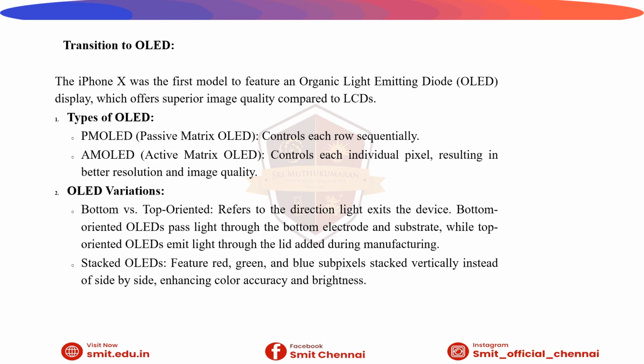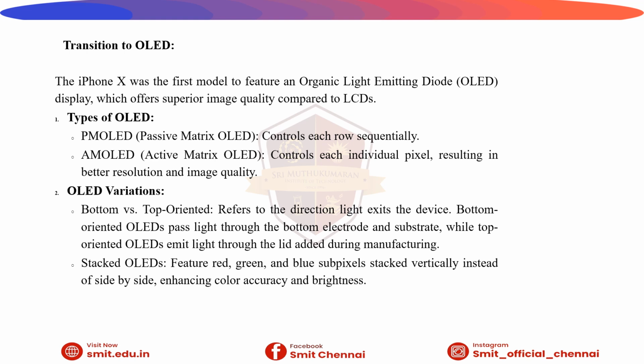Here the types of OLED are, first, PMOLED, the passive matrix OLED. The features of PMOLED are that it controls each row sequentially, with a simpler design, lower cost, and lower resolution.